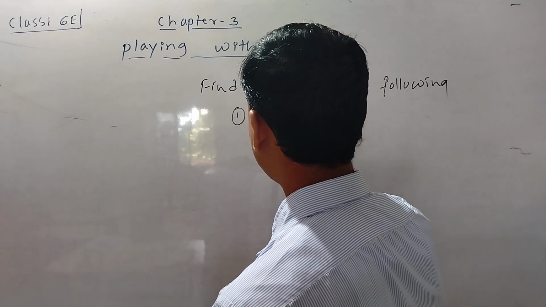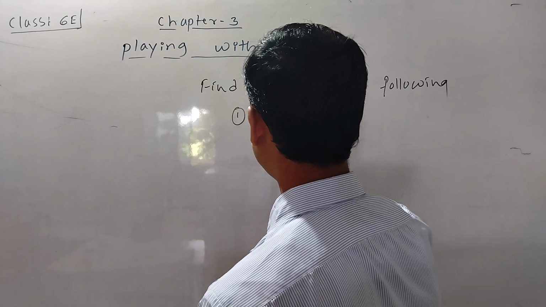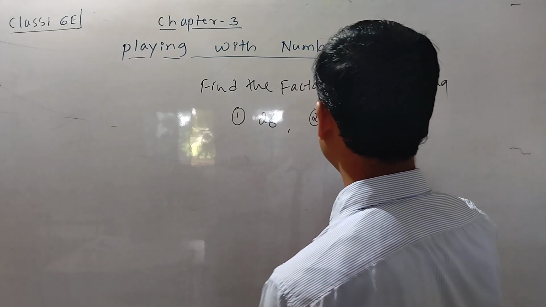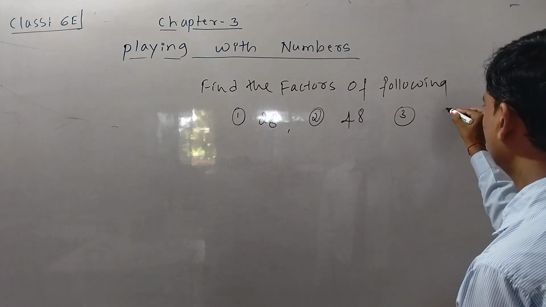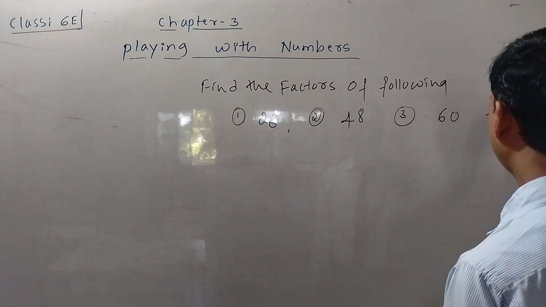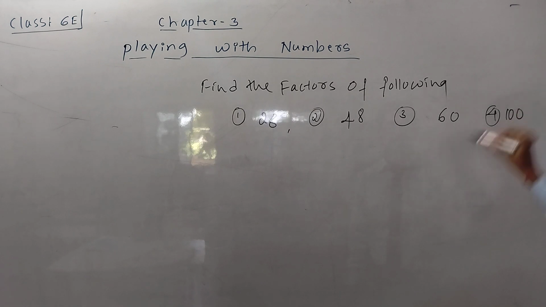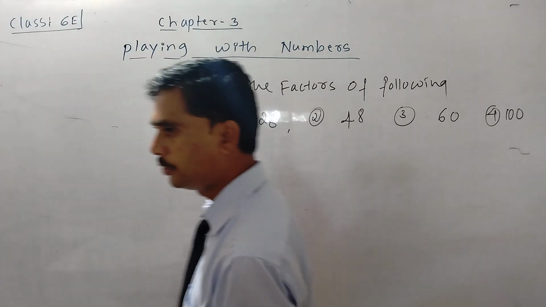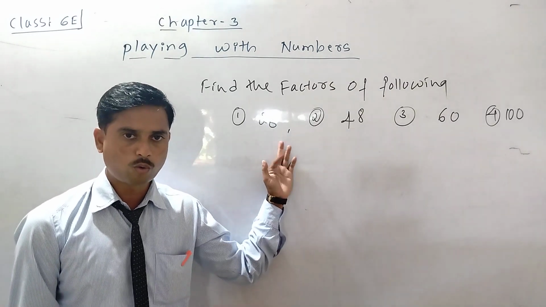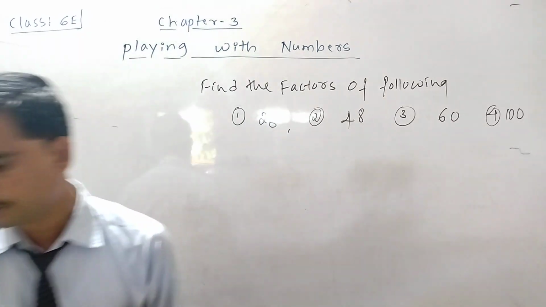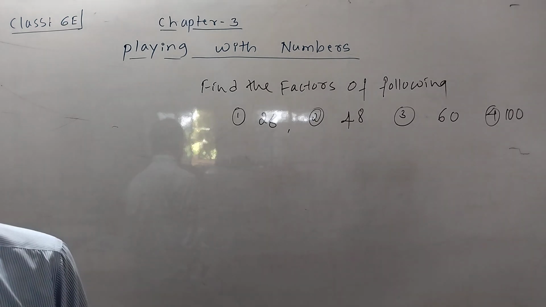First one, 28, second one, 48, third one, 60 and fourth one, 100. Okay, these 4 numbers, you should find the factors and send them to my WhatsApp number. It is your homework. Okay. Next point we are going to discuss now.